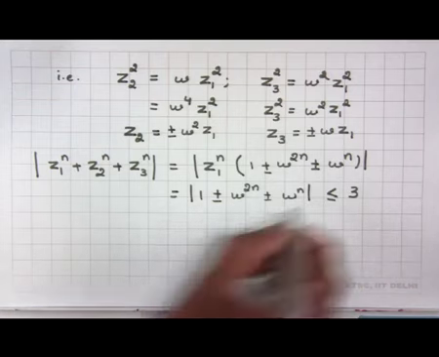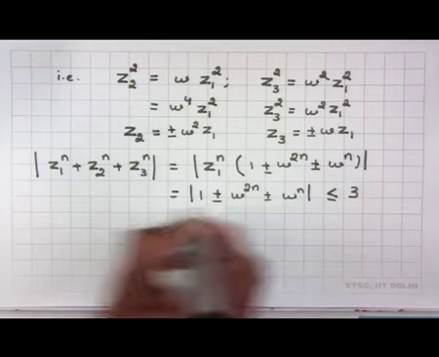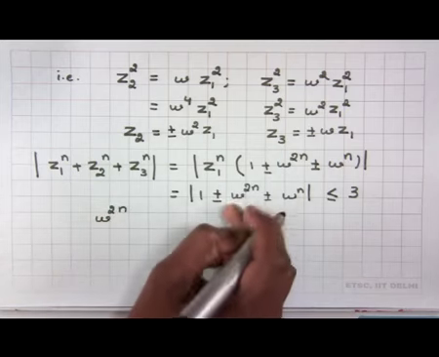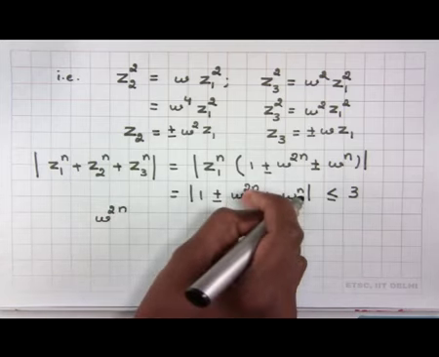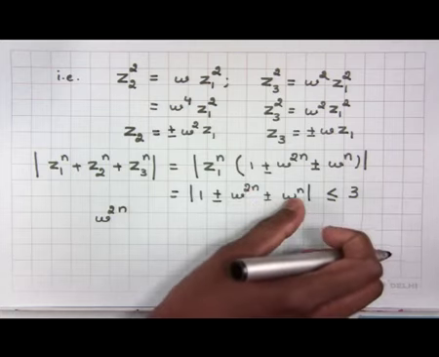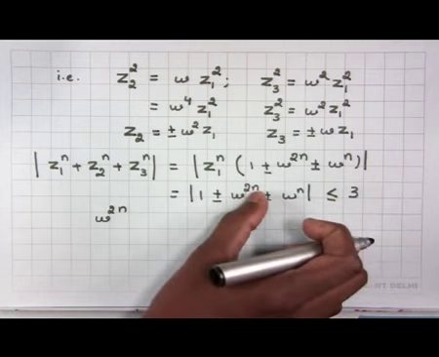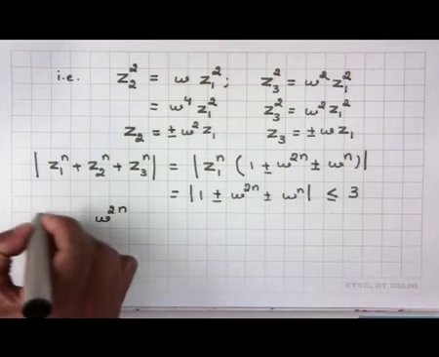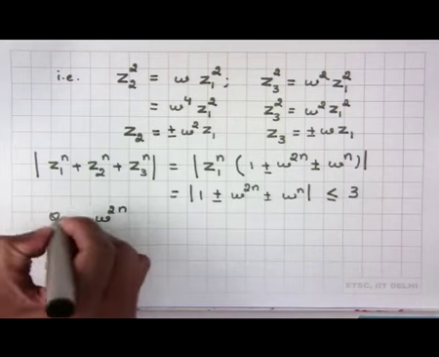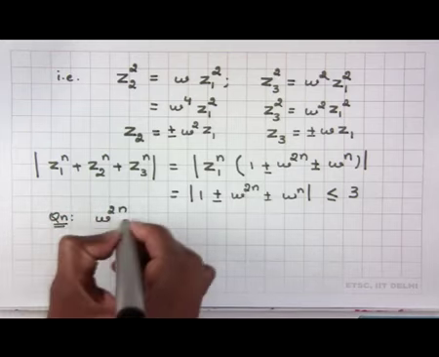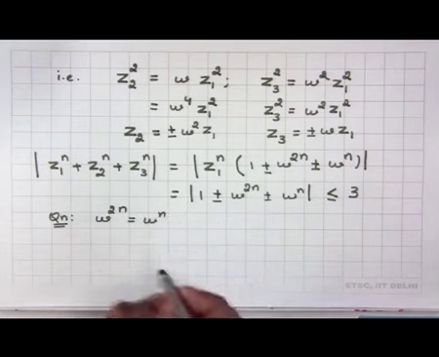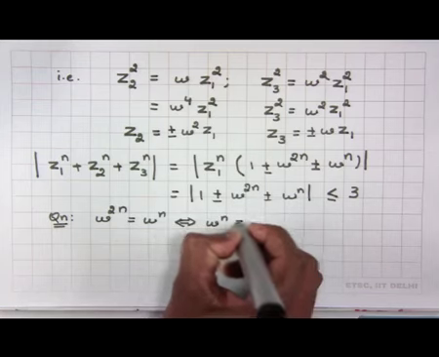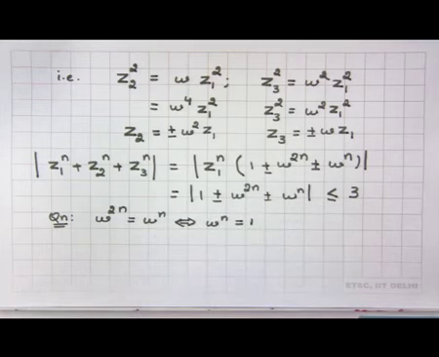This can be easily realized, because omega power 2n will be equal to omega power n only when omega power n is 1.